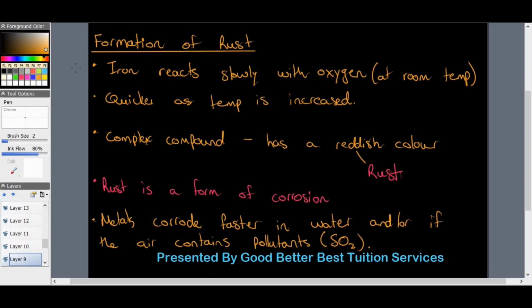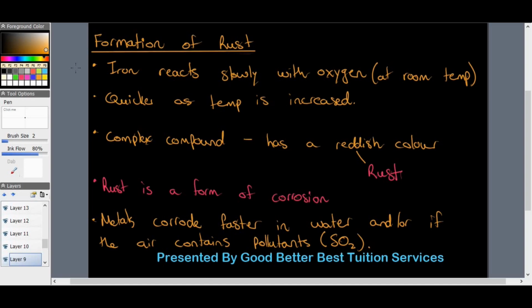And rust can seriously damage and weaken steel structures and iron structures, as well as equipment, if your steel or iron is not well prevented or coated or equipped to withstand this natural process, which is called rust.